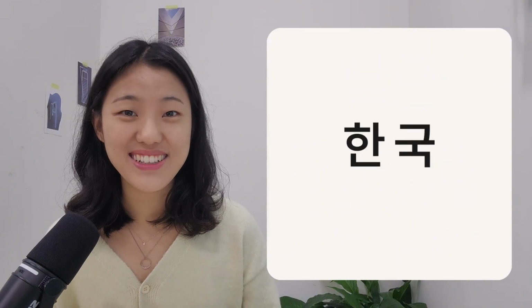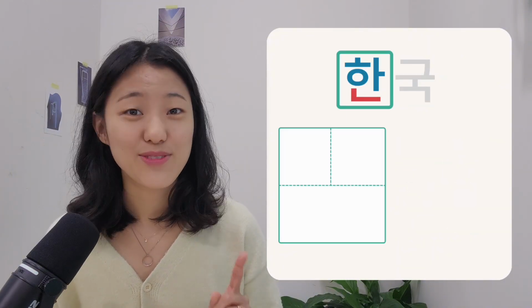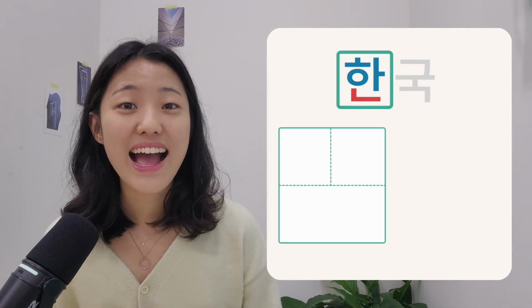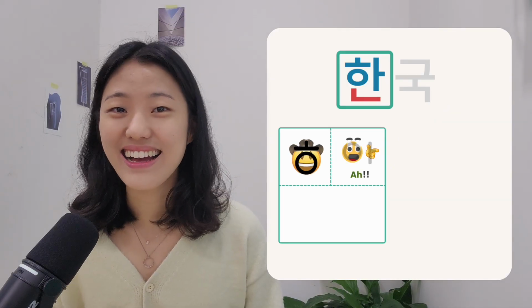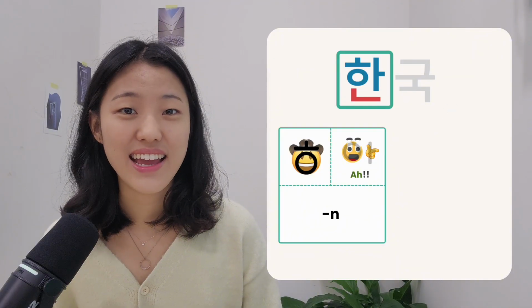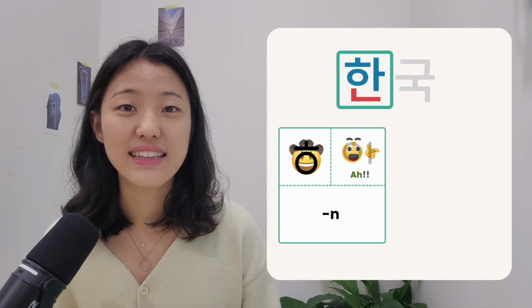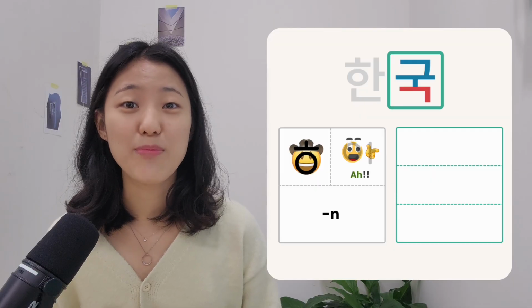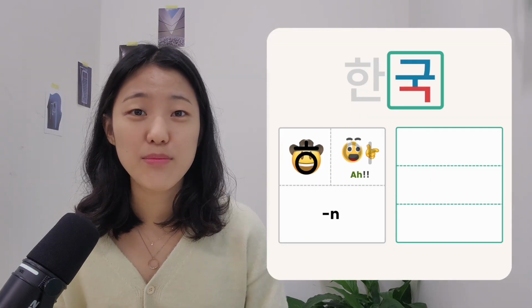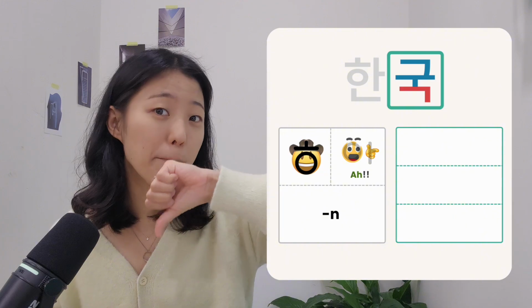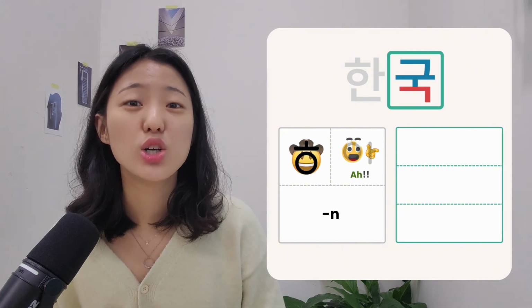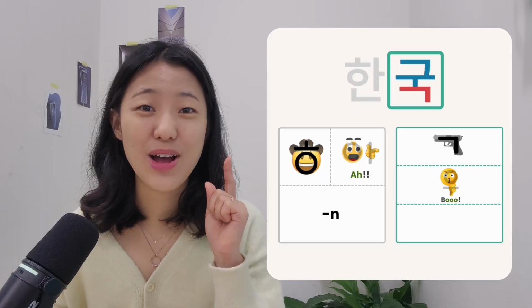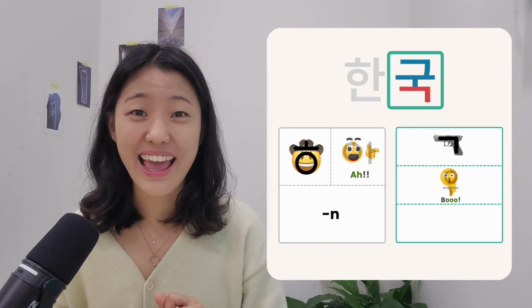Does it look similar? Let's try it together. So, the first syllable is the same as the previous one, which is ha. And you add the N sound at the end, so it goes like han. And the next syllable, you have g, and this time the vowel is oo from boo. So, 구. And you have the g from gun at the end.